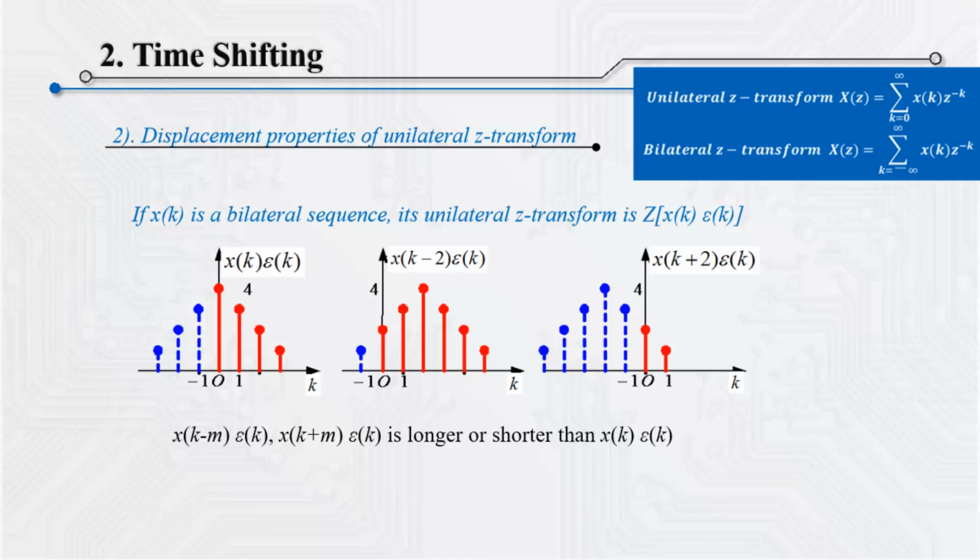As for the left shift characteristic, we need to reduce the corresponding amount accordingly. So, in other words, according to these two situations, we take the final unilateral Z transform displacement characteristics and carry out the corresponding summary calculation.